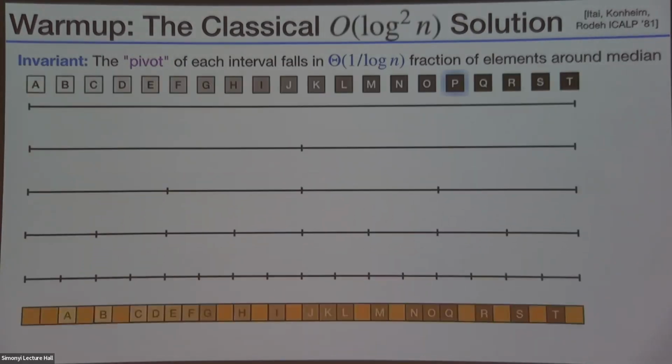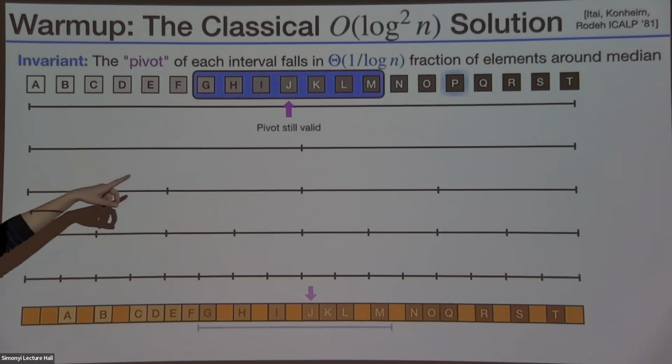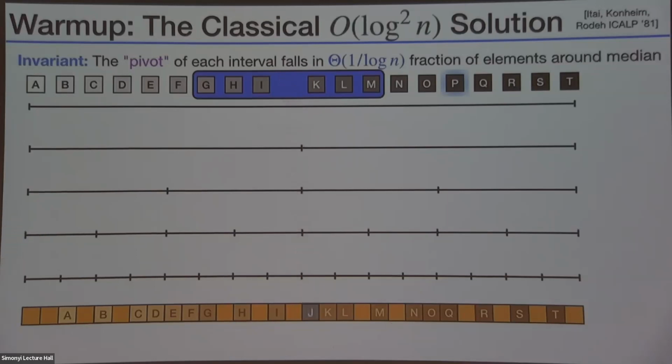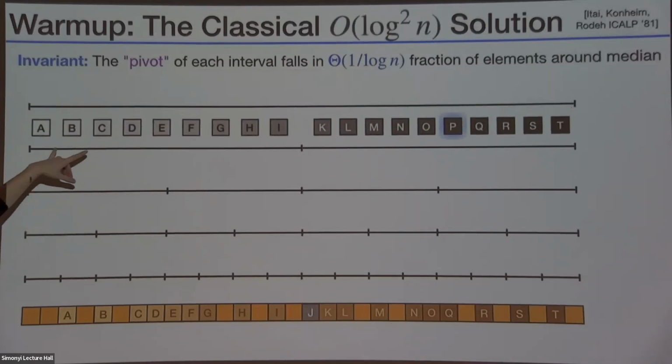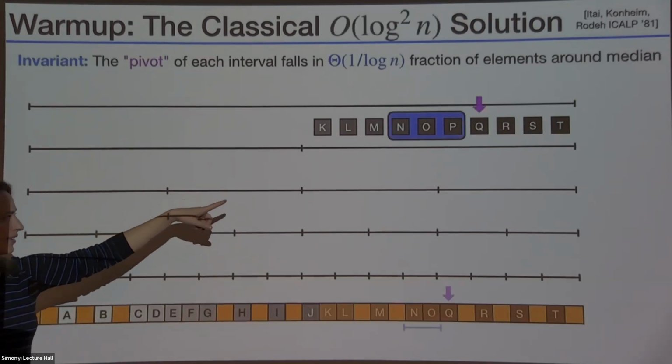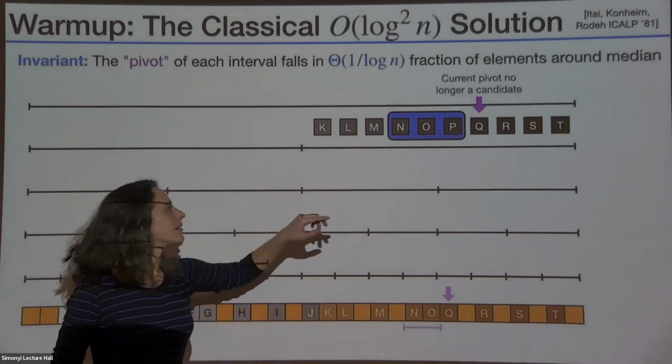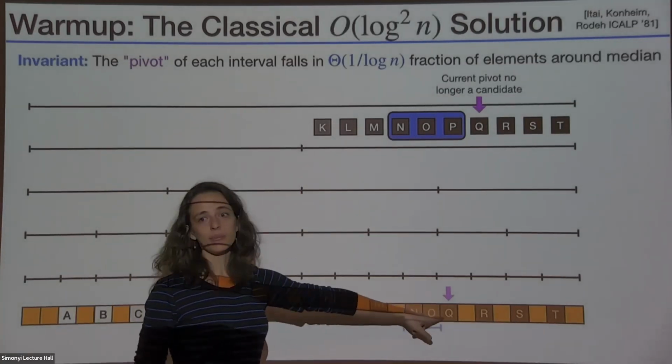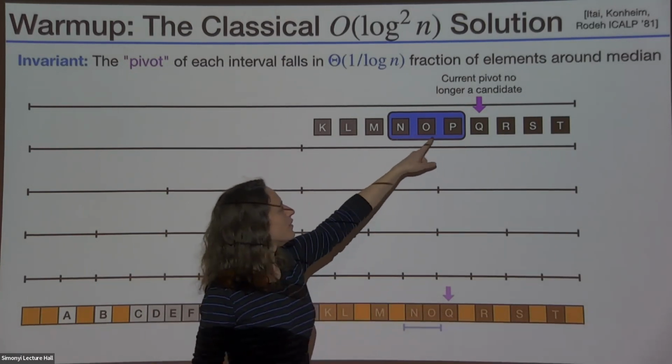Okay, so now we need to do something that's going to violate the invariant. Let's say we insert this element P, and then we go down the tree. That pivot is still valid. And this side has not changed at all because we didn't insert into it. But now this side violates the invariant because the pivot is this element Q and it doesn't fall close enough to the middle here.